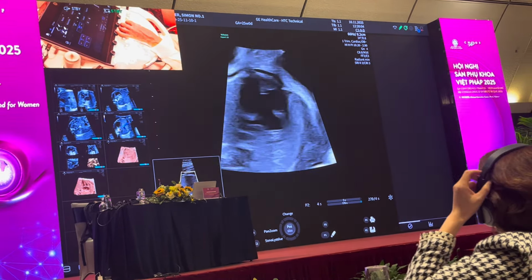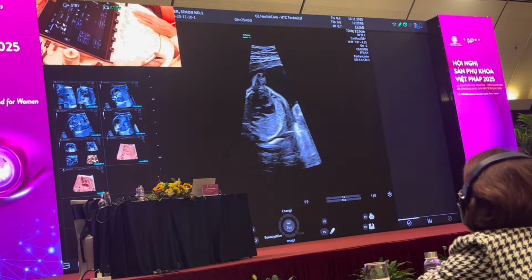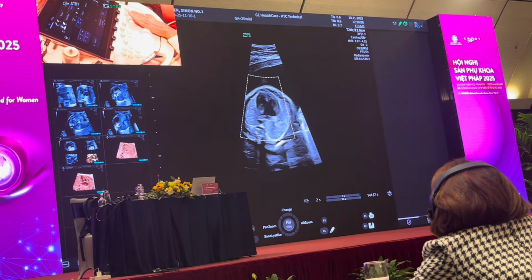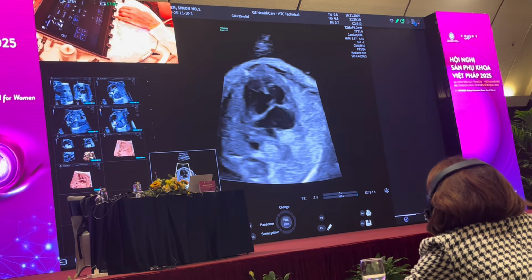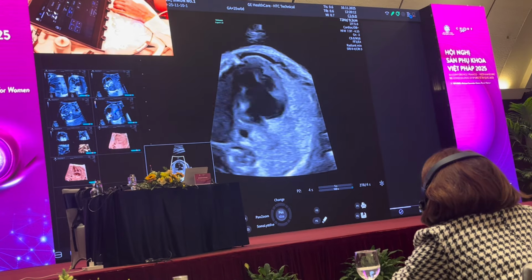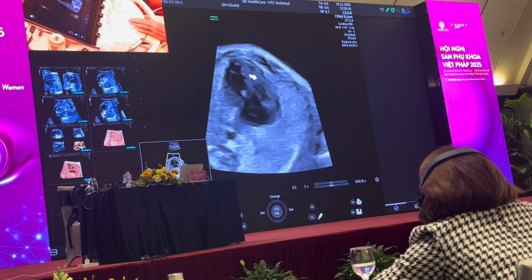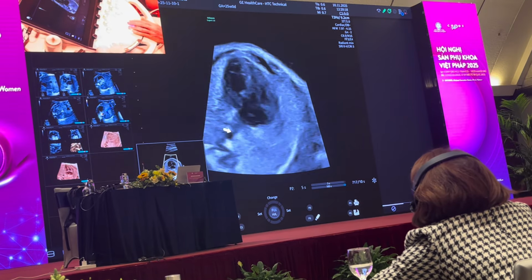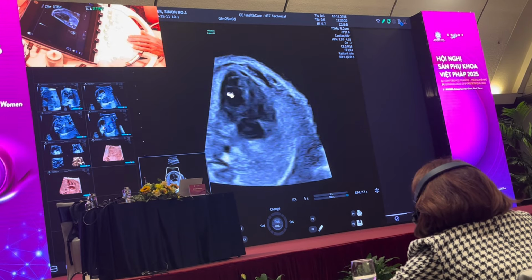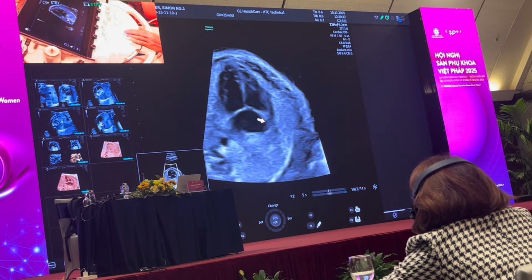And my next step is to go to a color Doppler evaluation. So once I'm in this position with the four chambers in view, I can see the moderator band is inside the right ventricle, descending aorta, left atrium, left ventricle, right ventricle, right atrium.